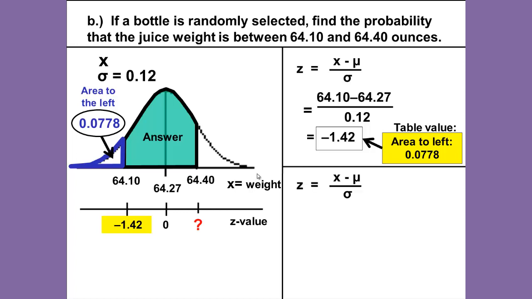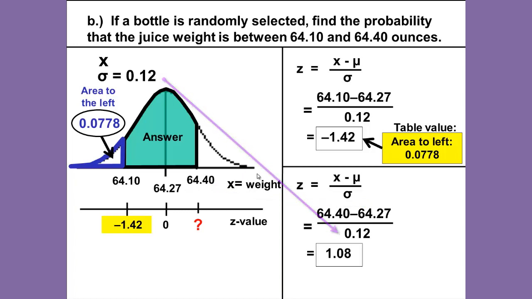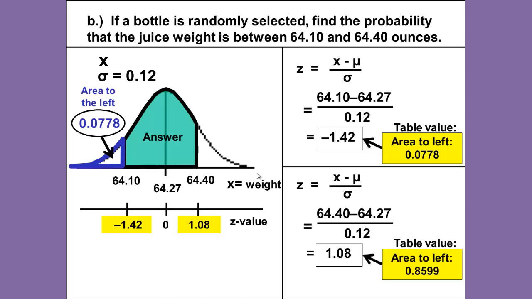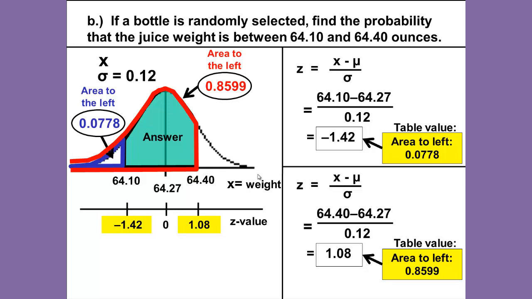So that would be z equals x minus the mean over the standard deviation, and gives us 64.40 minus 64.27 divided by 0.12. That gives us 1.08, and when we look that area up, we get 0.8599. That is the area shaded in red.